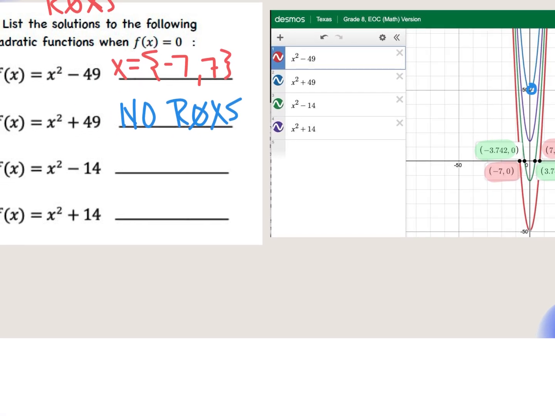So for that one, we would write x equals, we could just call it -3.7 and +3.7. Remember, it's not always going to be the same number with a positive and a negative. And then x squared plus 14, I did in purple. And you can see that one up here. You can see that that is also not touching the x-axis. So this one has no rocks.